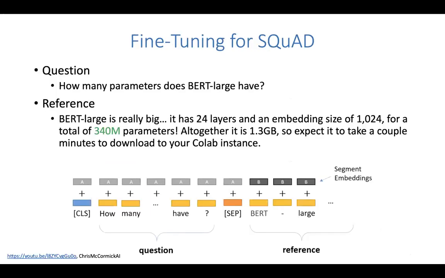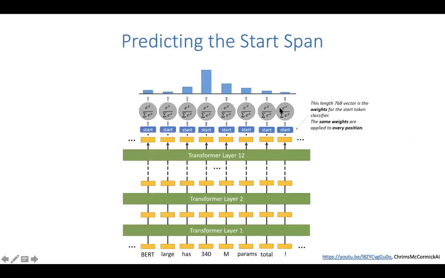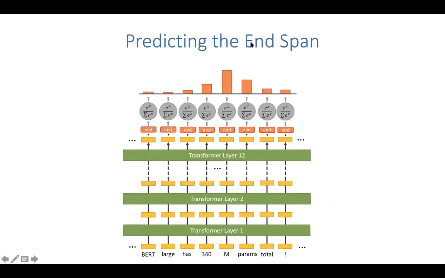In this SQuAD example, there's a question and a reference text, and you put those two texts into the BERT input, a question part and a reference part. All you need to do to fine-tune BERT for SQuAD is to find the starting span and the ending span, because you simply highlight a span of text in the reference text.